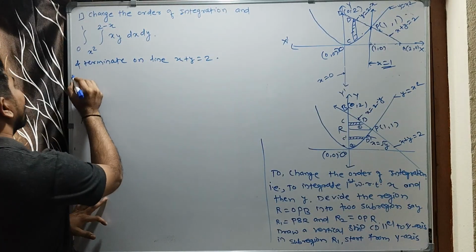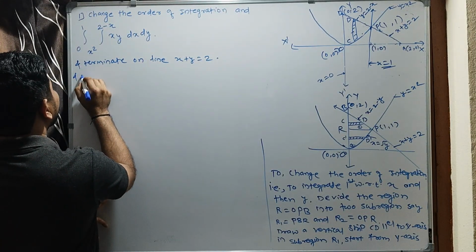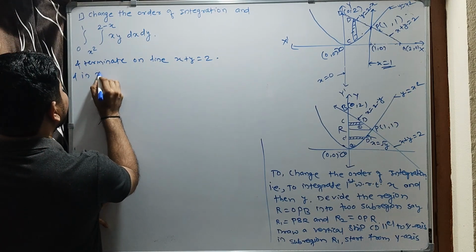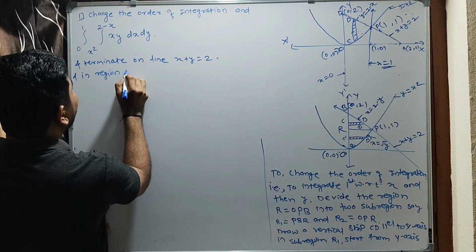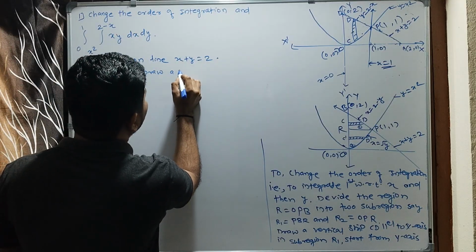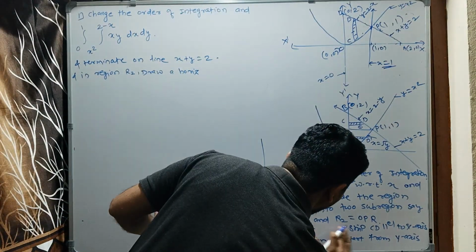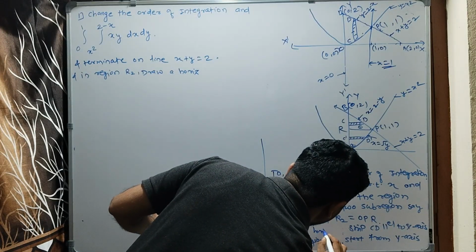In the same way, in region R2 draw a horizontal strip. Sorry, this is horizontal; earlier I said vertical, but this is horizontal.